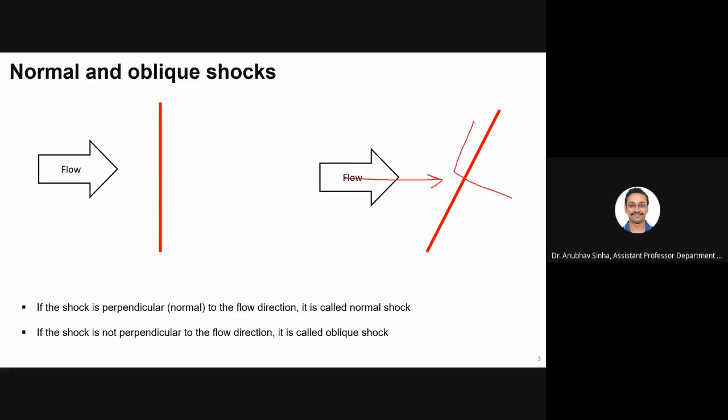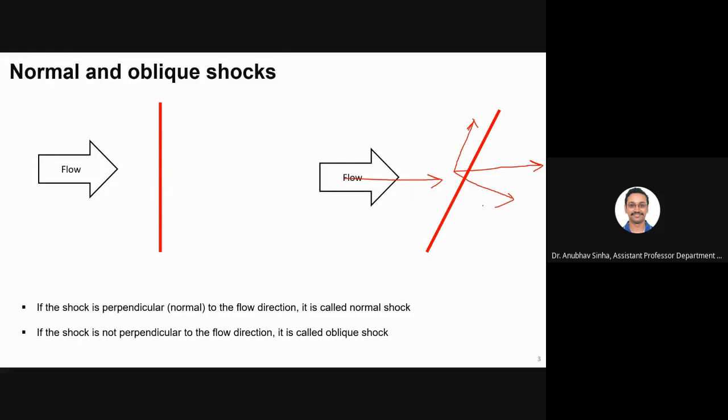Can I do that? Yes or no? Basically, it is just the vector direction. This is your resultant vector, and I'm breaking it into x and y components, and I will analyze accordingly. That we'll see as we move. So that is the basic difference between a normal and oblique shock.